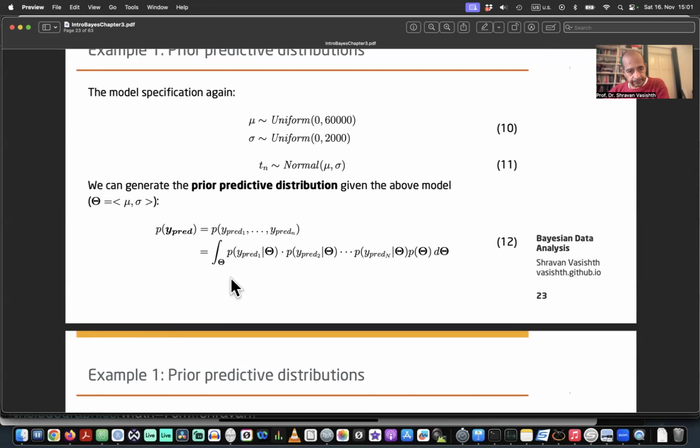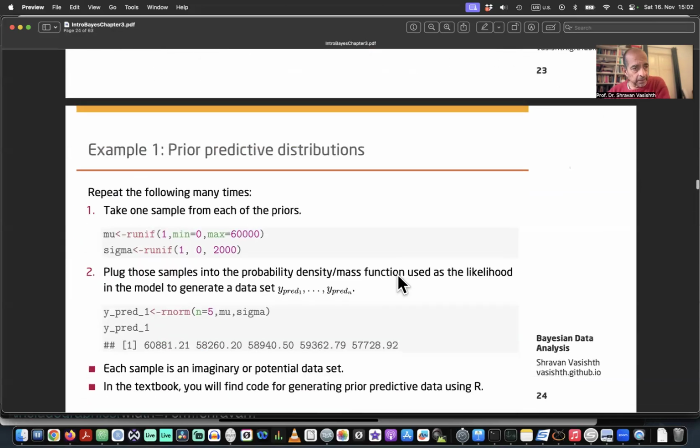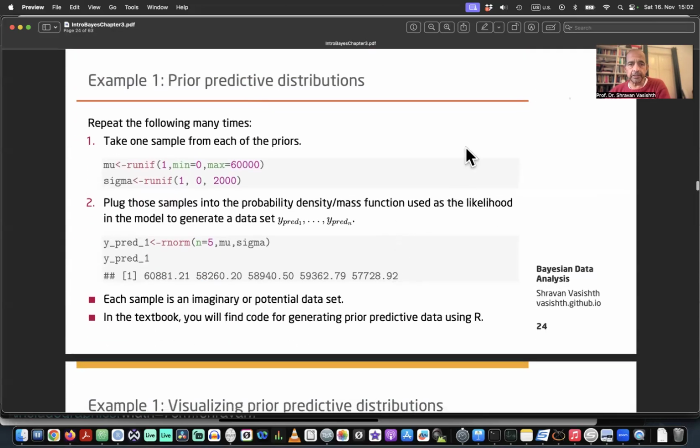Right, so the prior predictive distribution will be sets of simulated data that we will generate, and these simulated data will be just integrating over all the parameters. So that's what a prior predictive distribution will amount to here, okay? The procedure for generating prior predictive distributions is pretty straightforward.